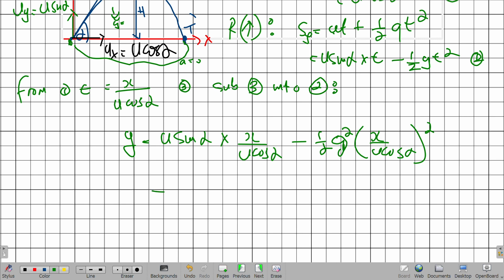This is the same as saying x tan alpha, with u cancelling, minus half g x squared over u squared cos squared alpha.